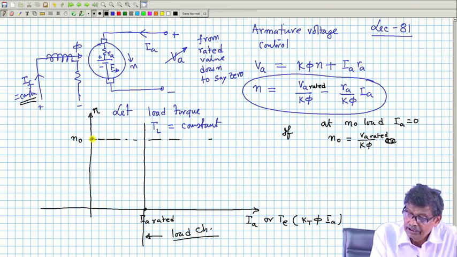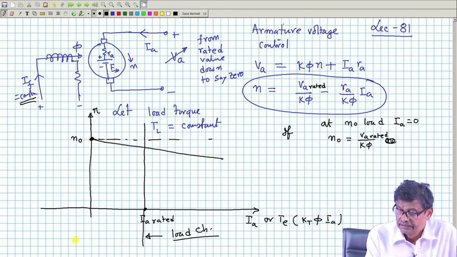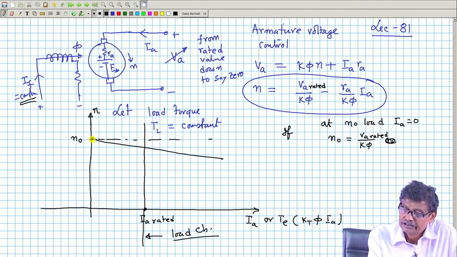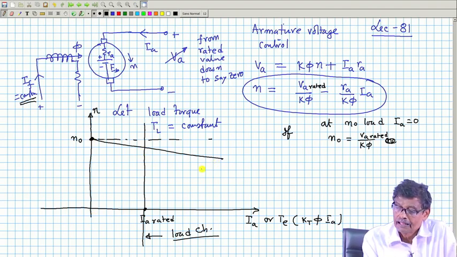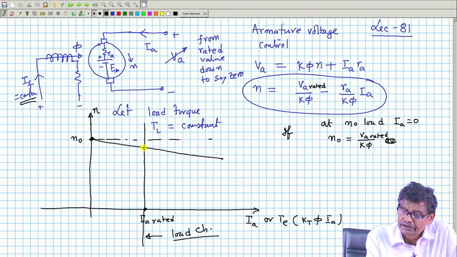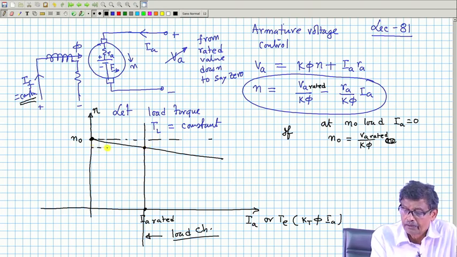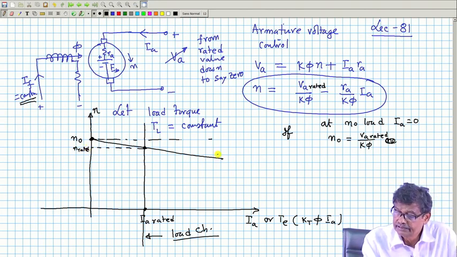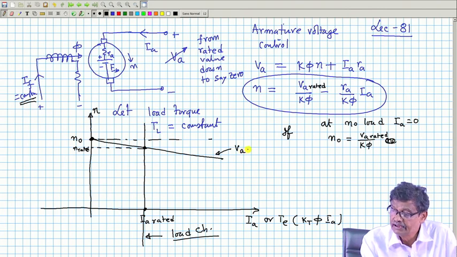Then, as we have seen, if you increase the load torque, the speed will fall and it will operate at this RPM, which is N rated, suppose. Got the point? That is, this characteristics is drawn with V A rated.